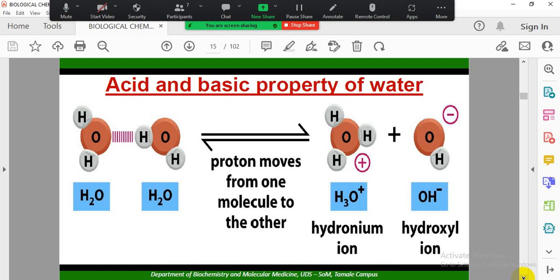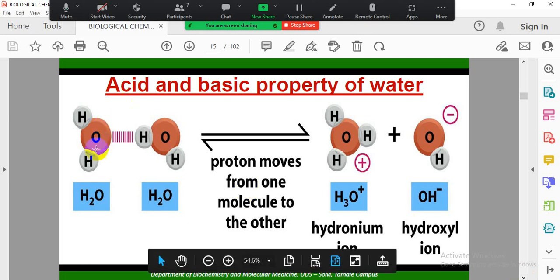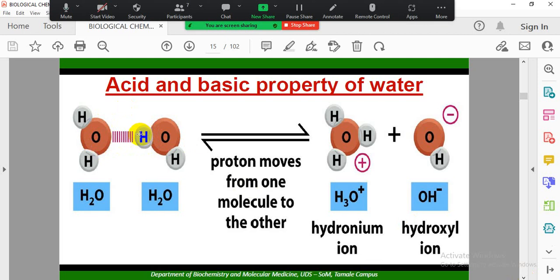Acid and basic properties of water. This is a water molecule, and another water molecule. When a hydrogen leaves its electrons and goes to attach to this other water molecule, then we get this structure: 3 hydrogens, 1 oxygen.